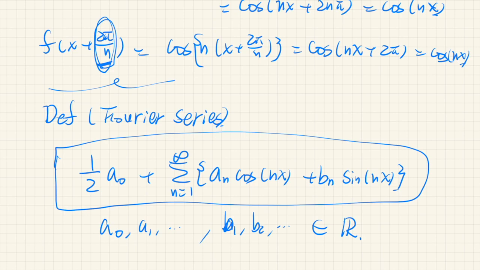Here, this factor of one half may look a little strange compared to the other terms, but this is just for convenience, which will become apparent later. And as you can see, since cosine nx and sine nx have a period of 2 pi, the entire series, if it defines a function, has a period of 2 pi.